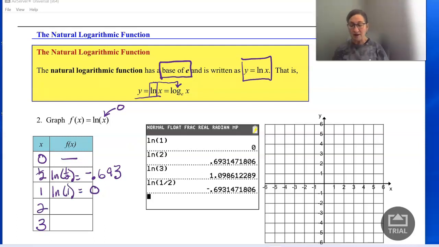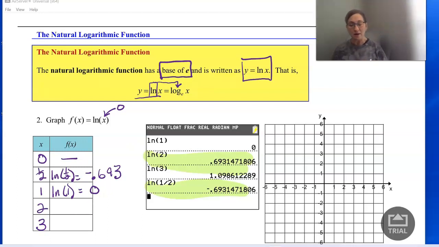If I put in natural log of 2, we can see it's right here. Oh, there's 1/2. And so that's going to give us 1.098. And then if we put in natural log, oops, I'm sorry.